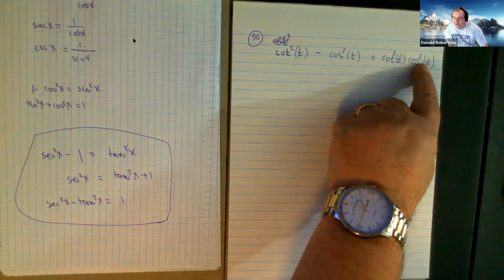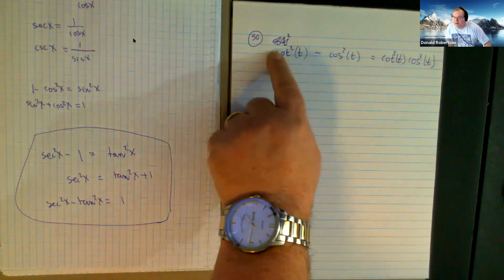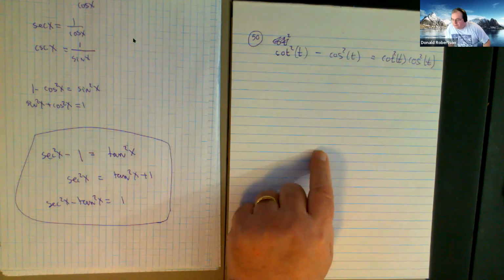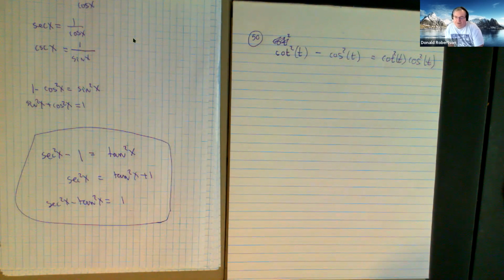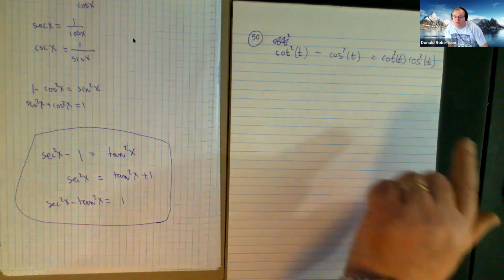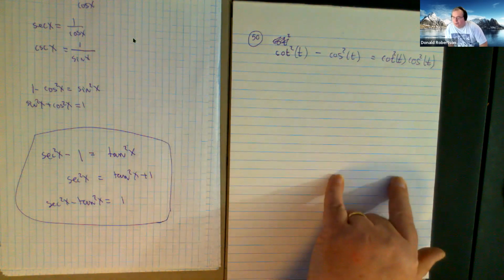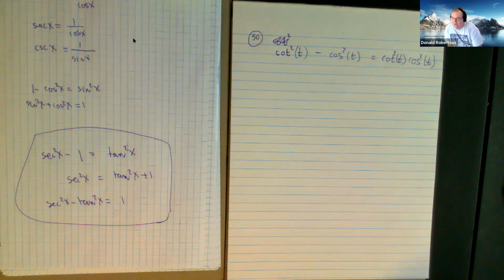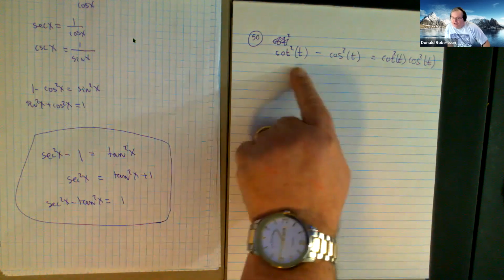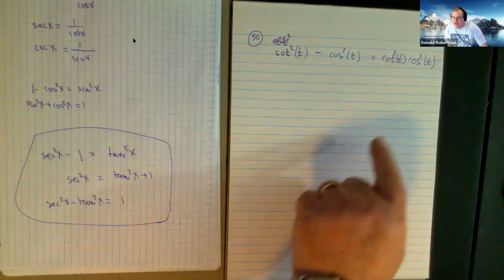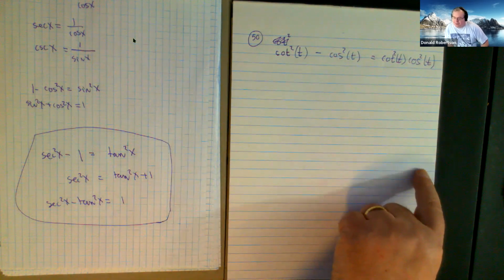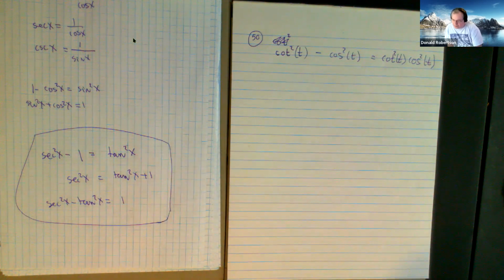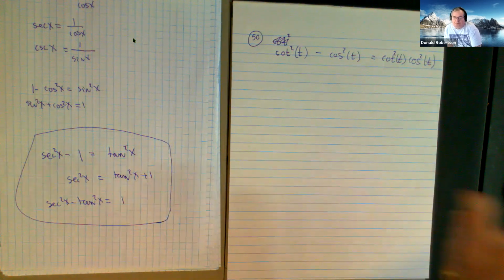Or couldn't I take this guy and eventually make him look like that? There is a third possibility. Couldn't I take both sides and get them to meet in the middle? In other words, change this a little bit and get something. Change this a little bit and get the same something. Wouldn't that also be a proof, right, that the left is the right?